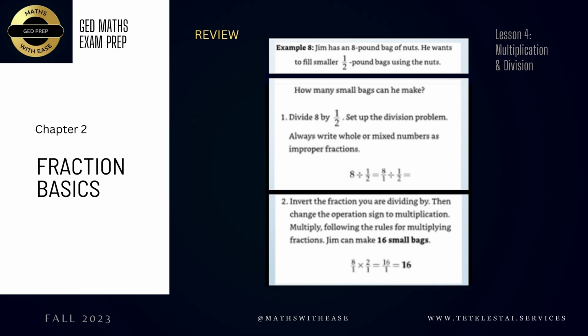Because remember, once you flipped your divisor, you want to change your division sign to a multiplication sign. So 8/1 times 2/1 gives you 16/1, or 16. And so we now have our answer. If Jim wants to fit his 8-pound bag of nuts into smaller half-pound bags, he can do so 16 times.